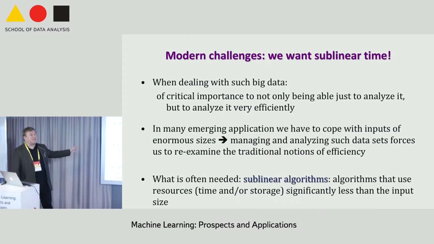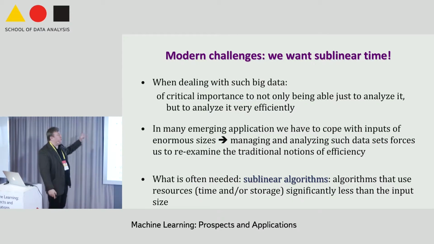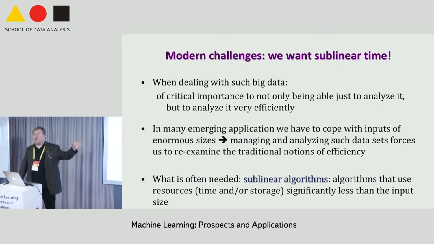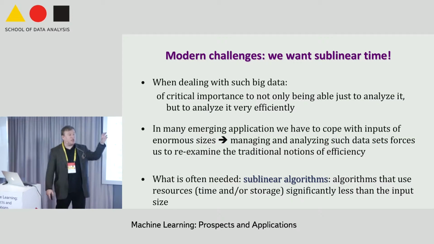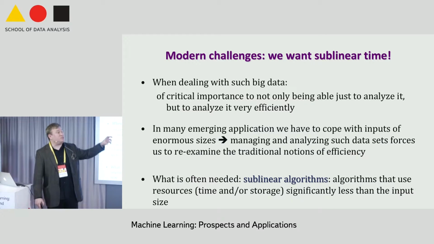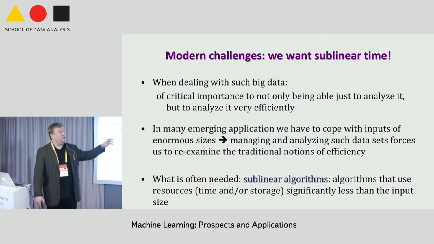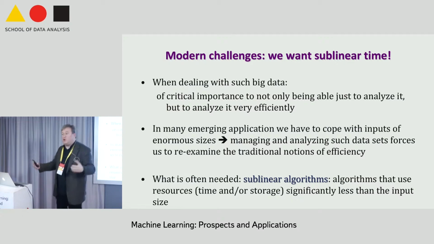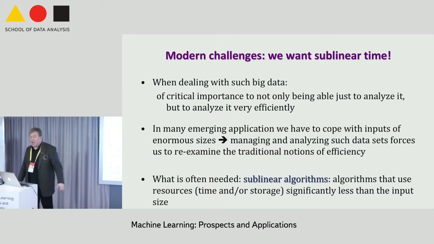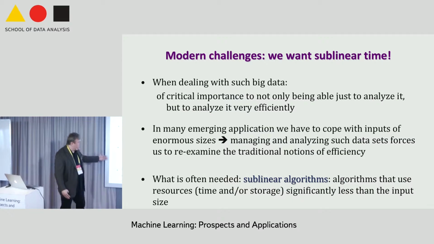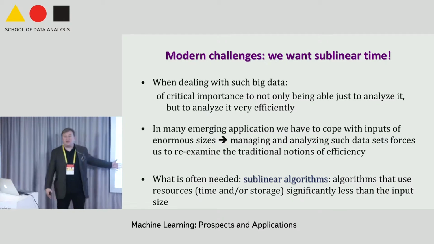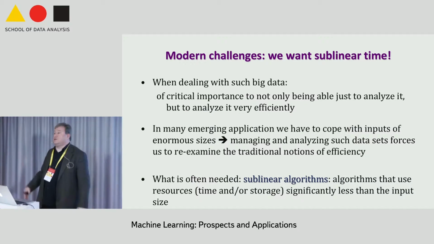When we have such big data, we have to, as I said, rethink the concept of complexity of problems. Our goal is not just to analyze this data, but to analyze it quickly and efficiently, to be able to extract important information in the time which we can afford to spend. With that, one of the central concepts that we see nowadays is sublinear algorithms.